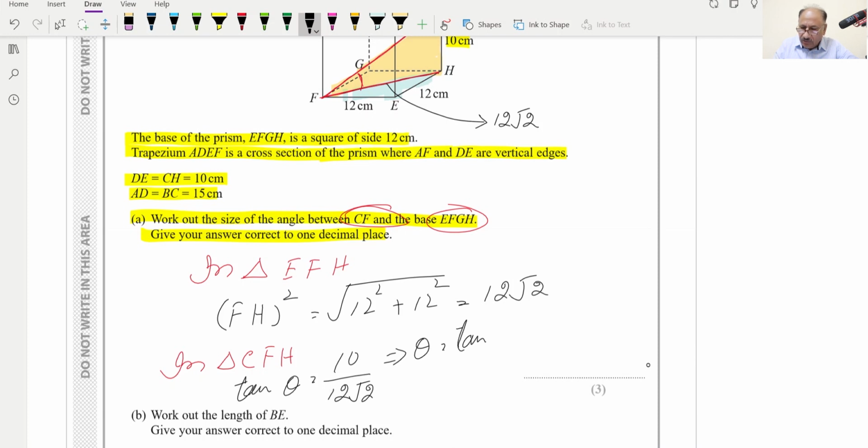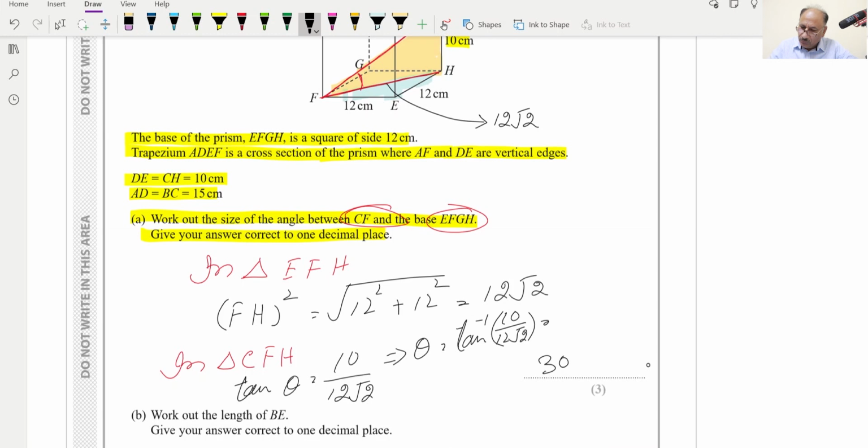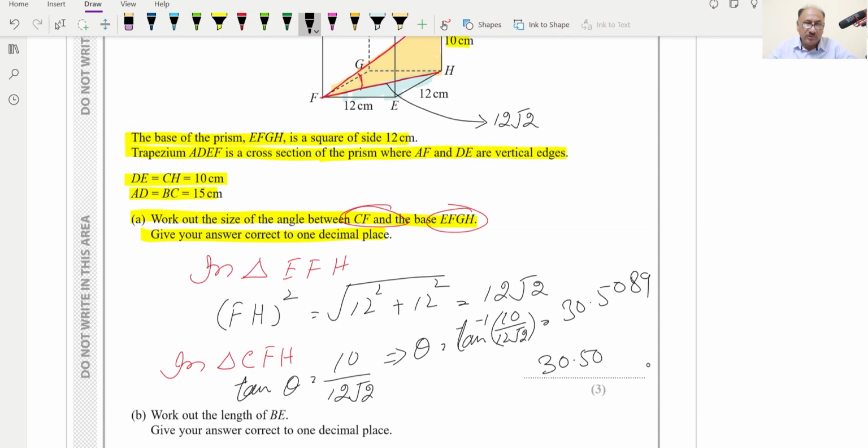equal to tan inverse of 10 over 12 under root 2, and this is equal to shift tan of 10 over 12 under root 2, and this will be equal to 30.50, and next numbers also 8, 9 I'm writing for your understanding, and they're saying one decimal place.